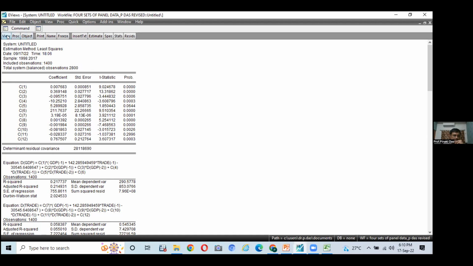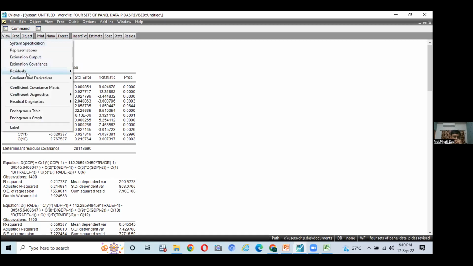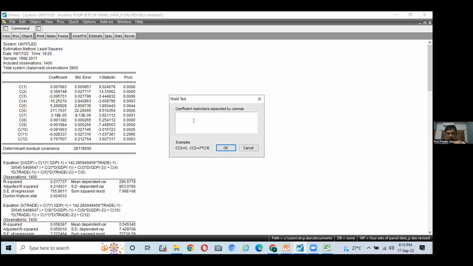Here we start from View. Under View, there is Coefficient Diagnostics, and under Coefficient Diagnostics, there is the Wald Coefficient Test, or in brief, we call it the Wald test. This Wald test helps us to understand the joint effect. Here we write the coefficient restrictions separated by commas. Under the null hypothesis, C4 and C5 are 0.